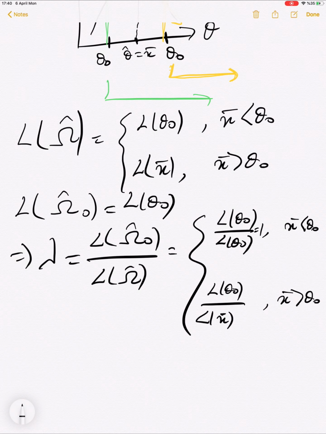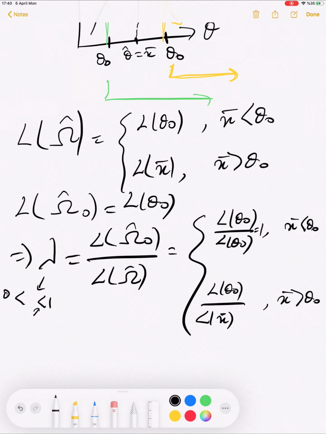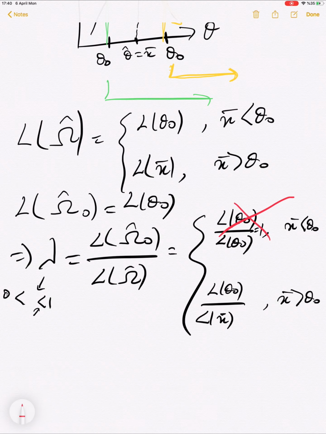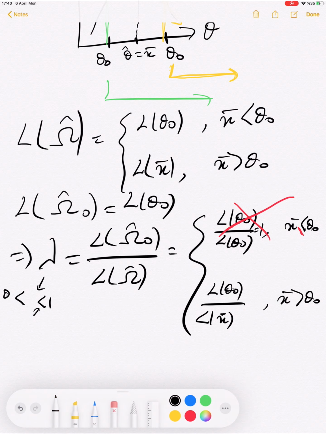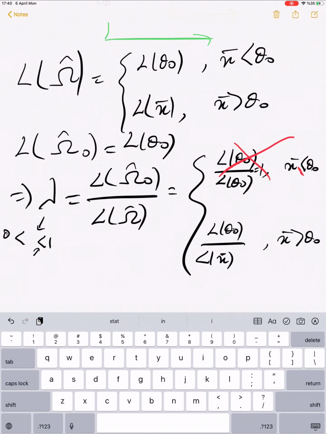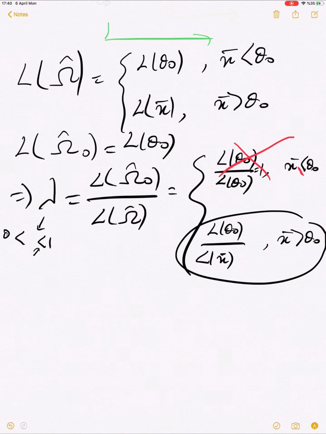So here this ratio is 1. Our lambda should be between 0 and 1. There is no equality, okay? Because of that, we have to omit this case. So where I put an equality sign is here, because I don't want to have an equality sign in the rejection region.